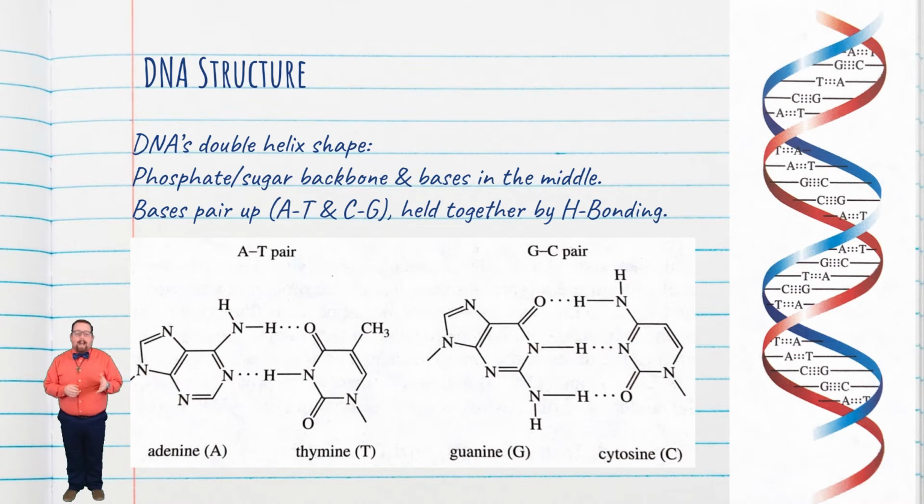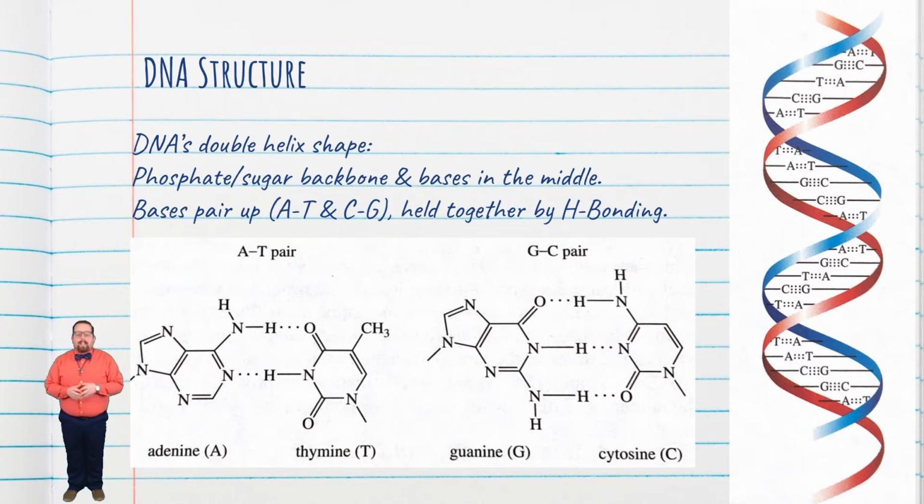In case you've forgotten what hydrogen bonding is, it's a special type of really strong dipole-dipole attraction between molecules. It only occurs in places where a hydrogen is attached to a nitrogen, oxygen, or fluorine. This is due to the huge difference in electronegativity between hydrogen and those three elements.